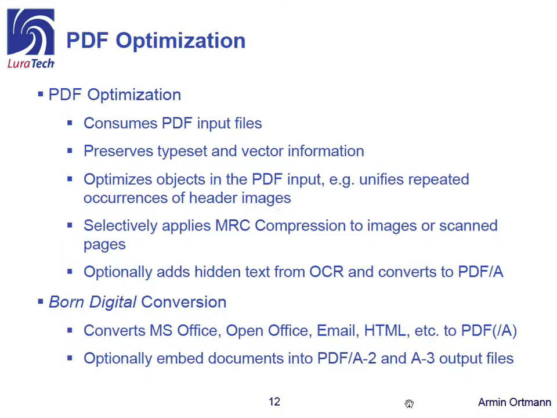And of course, with PDF-A3, you can also embed the original versions of Office documents. So if someone says, well, I would like a PDF-A representation of my Word file, but for some reason I would also like the Word file or the Excel spreadsheet still to be in there, you can add it as an embedded document in PDF-A3, which really, again, does not make much sense when doing MRC compression, okay?